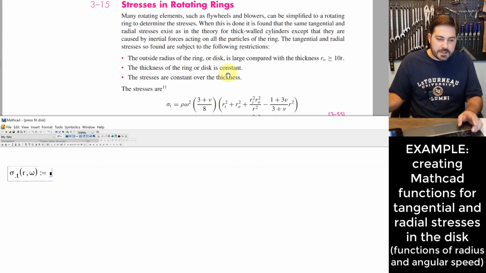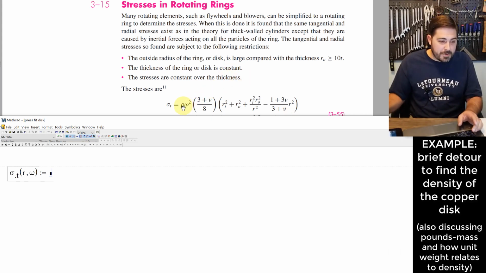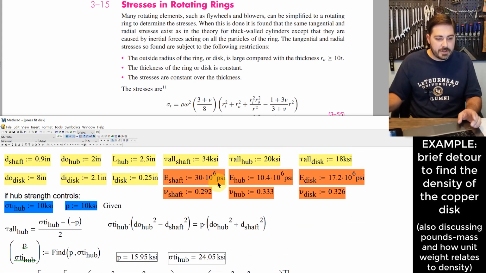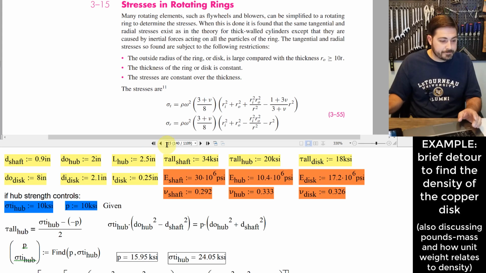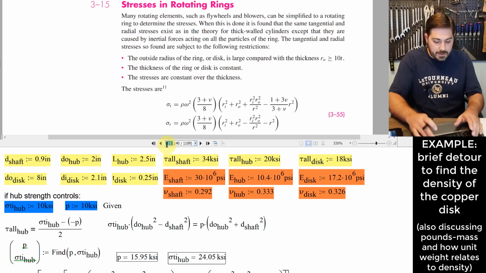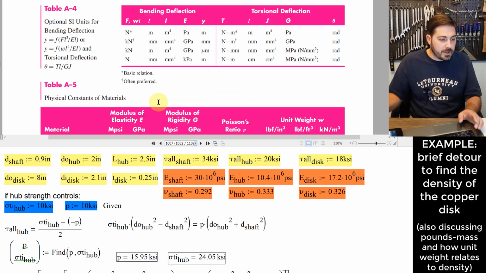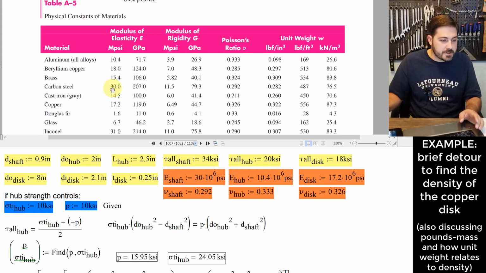All right, other thing that's a little tricky here is that rho, I mentioned it earlier, but rho is the density of this material. We don't have the density of the material yet. I don't think that was one of the pieces of information that I grabbed when I was looking at these material properties. But the good news is that information is available in that table of material constants over here.